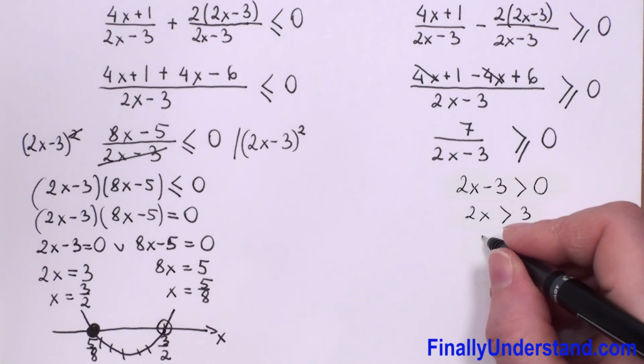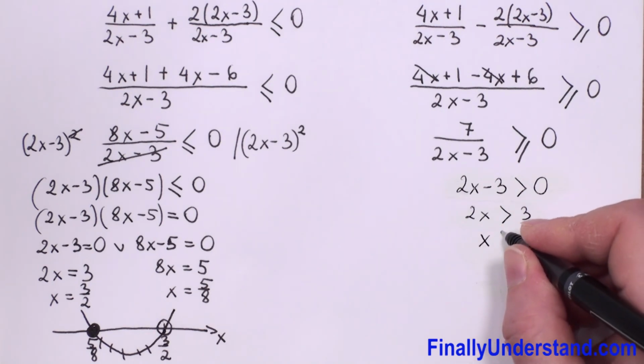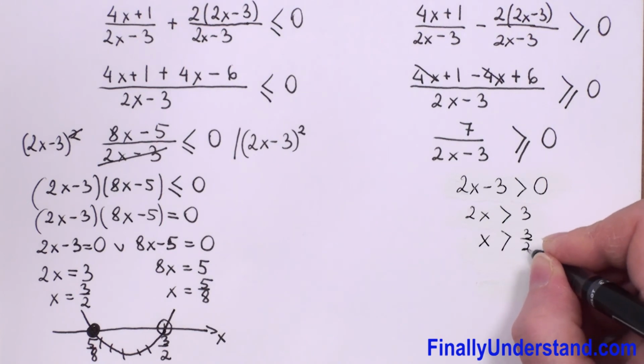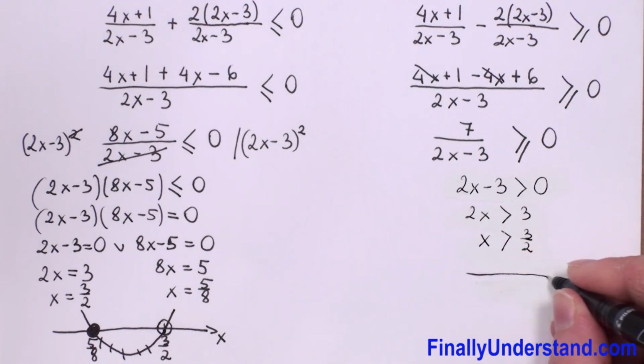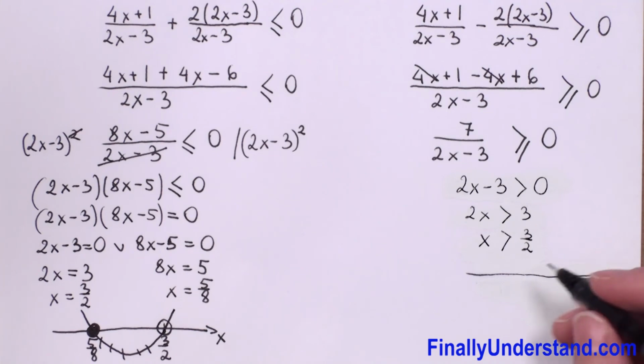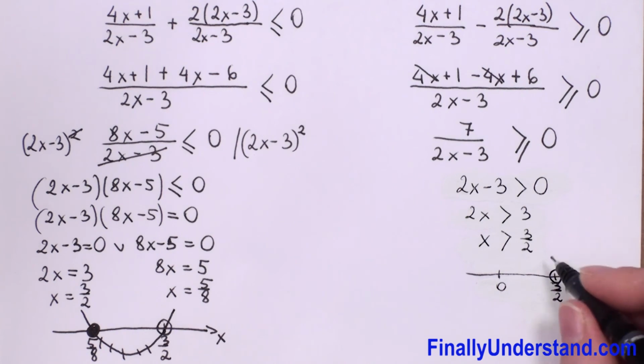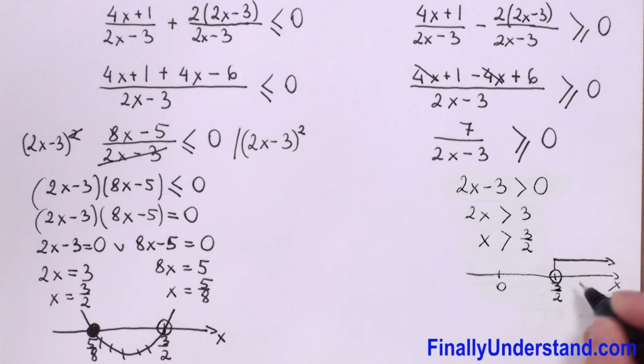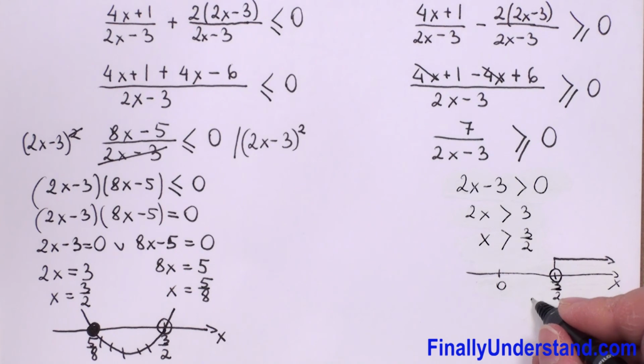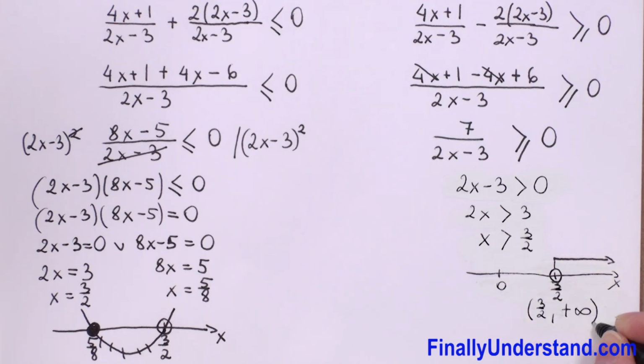We divide both sides by 2, so we have x is greater than 3 over 2. Now we can draw number line x. We have to find 3 over 2. X is greater, it means 3 over 2 is not included. And x is greater, it means we have to go to positive infinity, to the right side of 3 over 2. So we got interval from 3 over 2 to positive infinity.